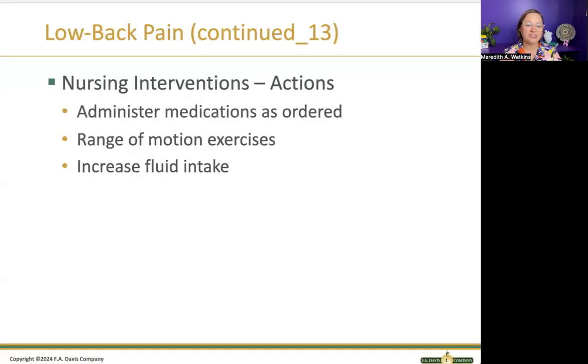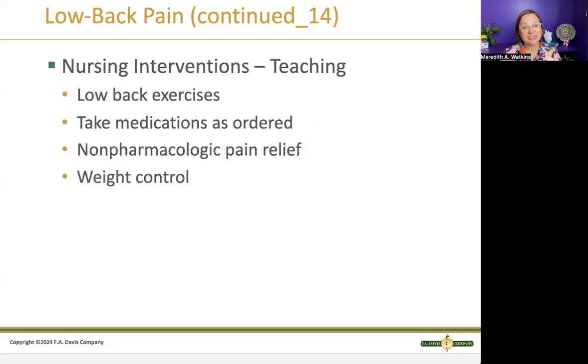Now, in terms of actions to take, we're going to administer meds as ordered, encourage range of motion exercises, whether passive or active, and then increase fluid intake to reduce any risk for constipation. In terms of teaching, we want to teach the patient different low back exercises that can help them strengthen the back.